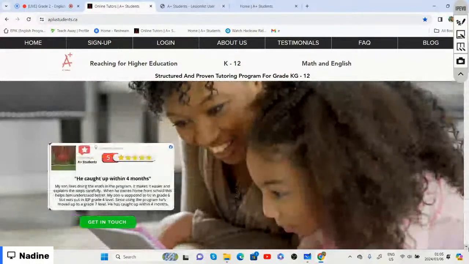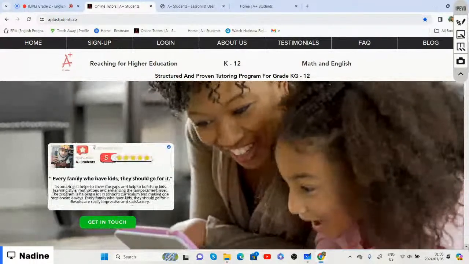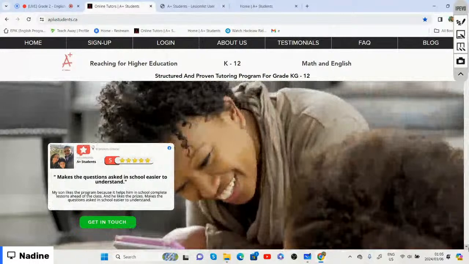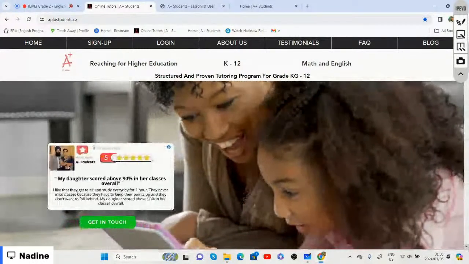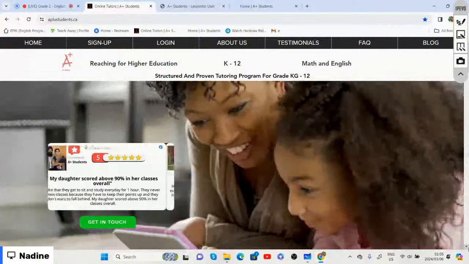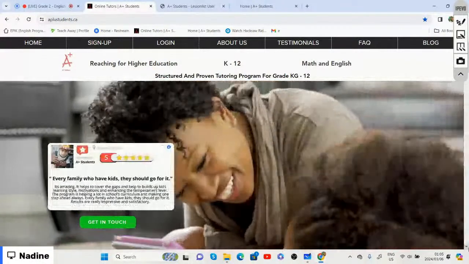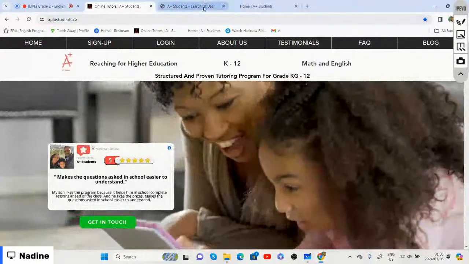Once you've logged on with your username and password, select the subject of language arts, grade 2, and scroll down until we get to the chapter of compound words.